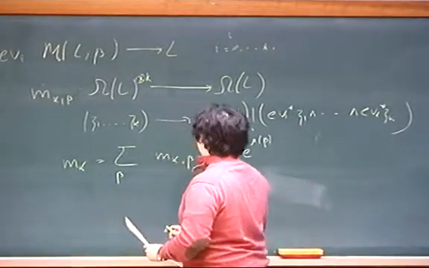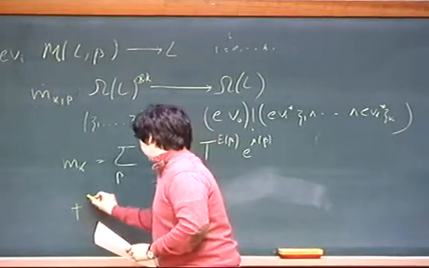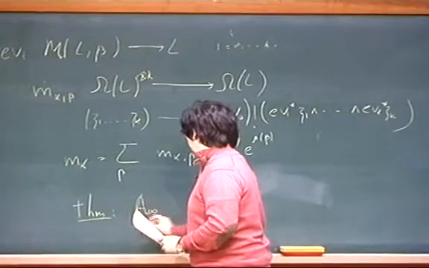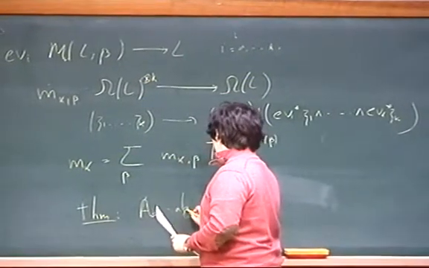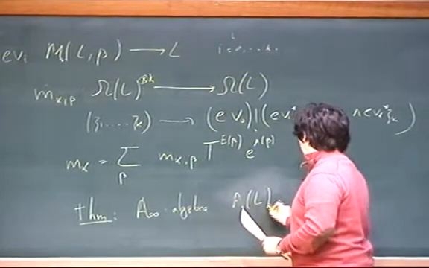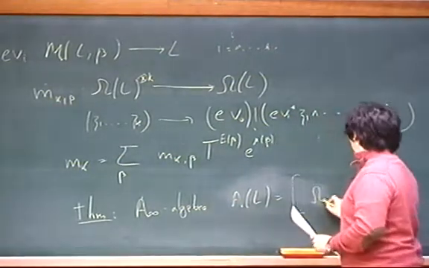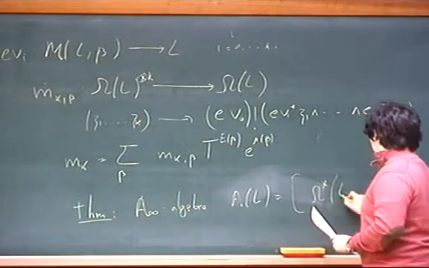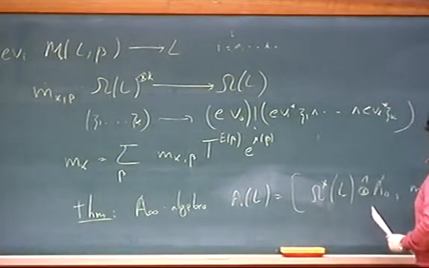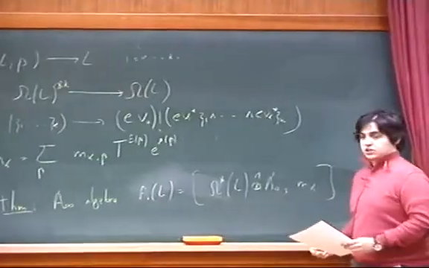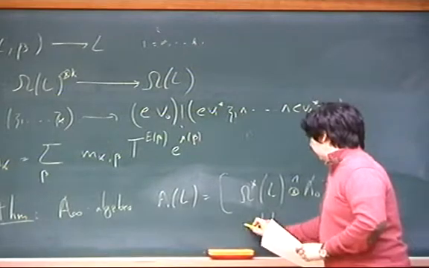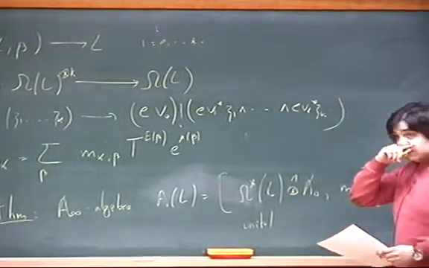Now this gives an A-infinity algebra, I guess it's a theorem. So we get a filtered A-infinity algebra, let's call it A_L: the de Rham complex tensored with the Novikov ring with these operations forms an A-infinity algebra, and it's actually unital. That's a big advantage for our problem that I'll discuss later.